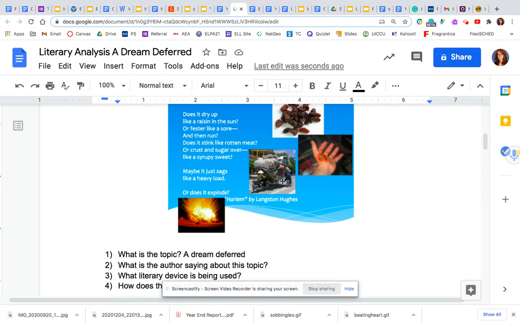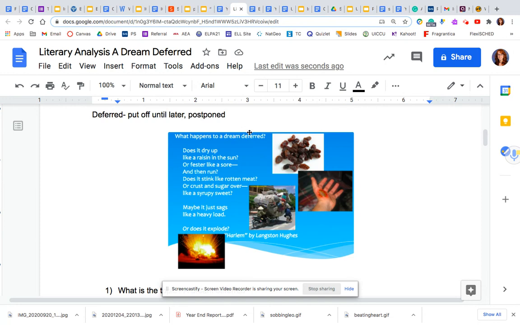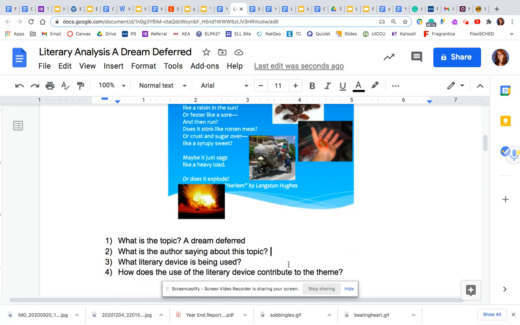Are these good things to happen to a dream? Well, they're all bad things: death, violence, pain. The idea here seems to be that when you defer a dream, bad things happen. Bad things happen to dreams that are deferred.